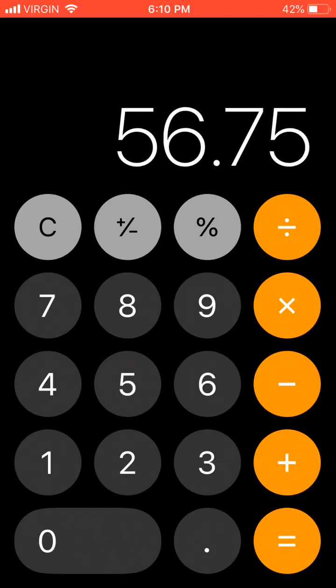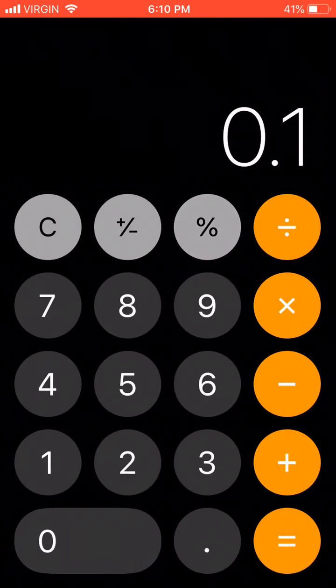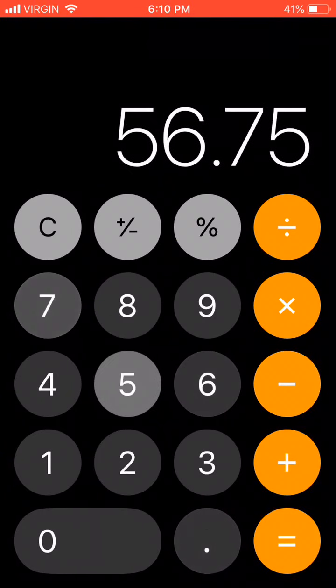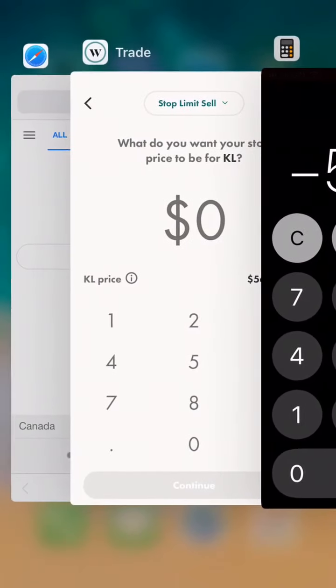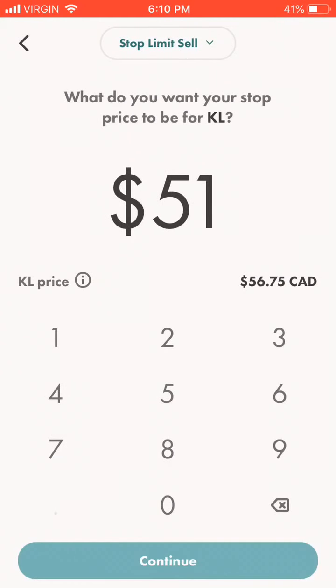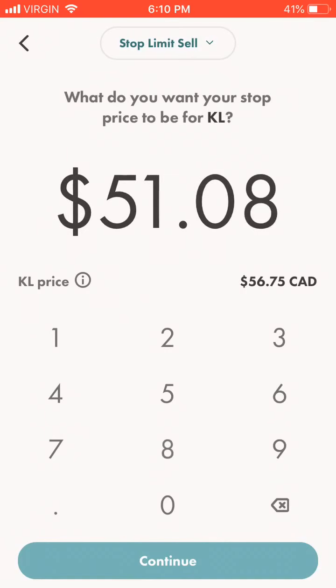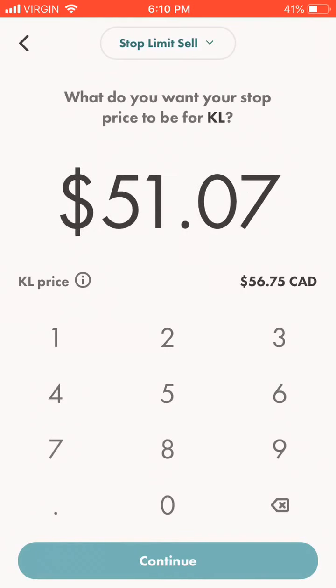So just multiply by 10% and subtract from 56.75. That's about $51.07. So they do it like that, like 10% or 20% or 5%.